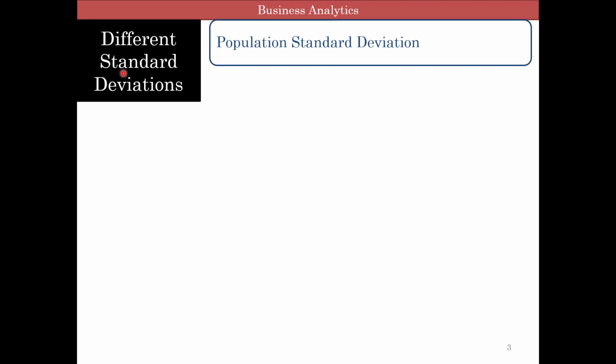Remember, when we first started talking about standard deviation, it was a measure of dispersion or variance or variability, right? It's how your data is spread out, and it's essentially the average distance from your mean.